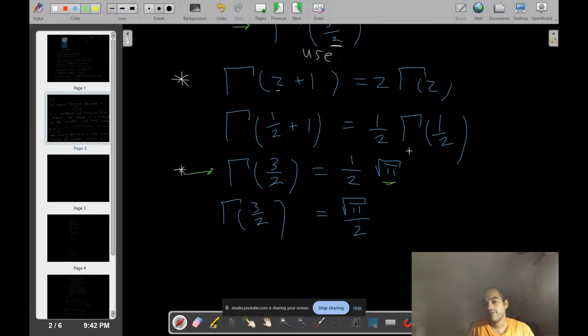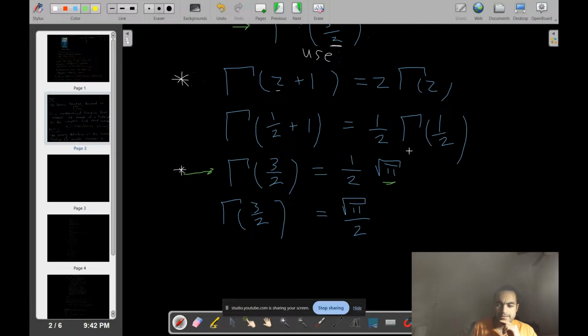For those of you who don't have any background in multivariable calculus, you're going to say, how on earth can I verify the gamma of 1/2 is root pi? You have to use tables. So you look at a gamma function table or a bell curve table. Calculating gamma of 1/2 will tell you that it's root pi.